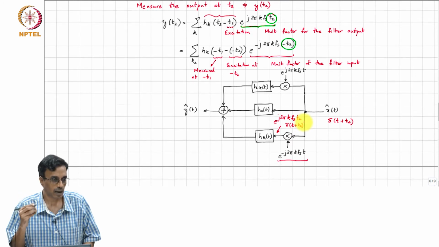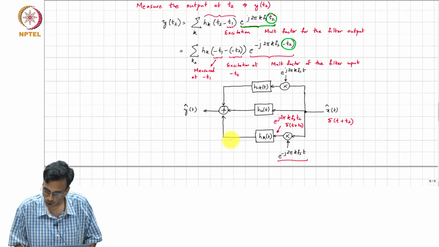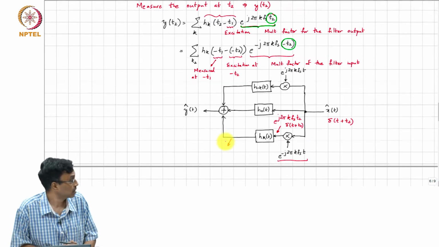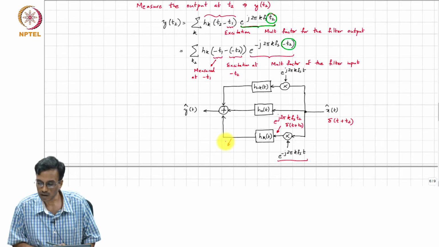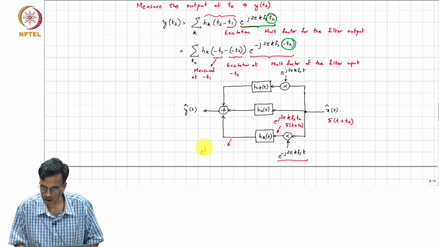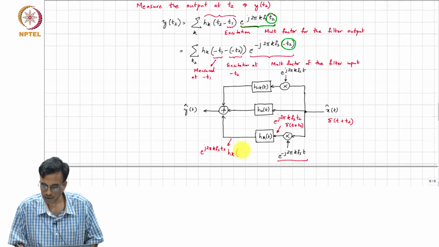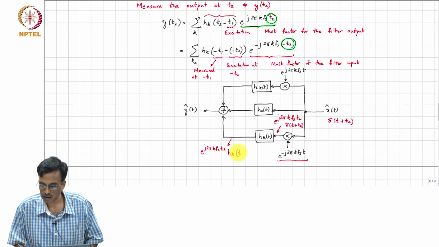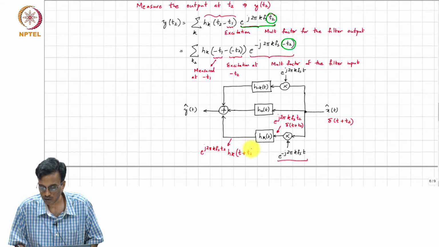Does that make sense, right? So, what comment can you make about the output of the filter here? It will be e to the j 2 pi k fs times t2 times h sub k of t plus t2.